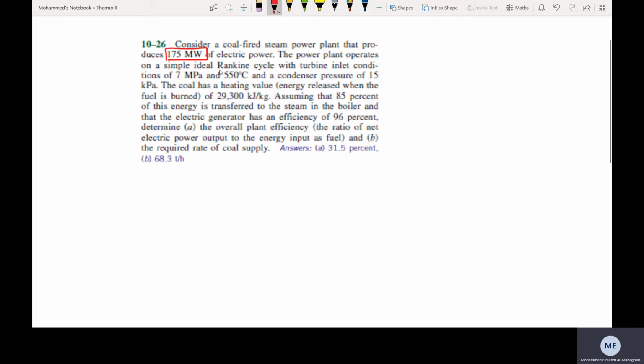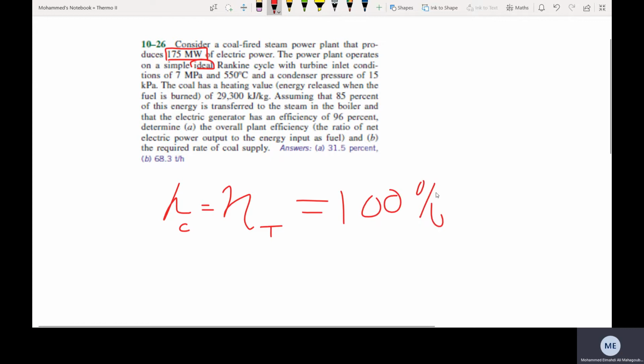The power plant operates on a simple ideal Rankine cycle. So it's an ideal Rankine cycle, meaning that the isentropic efficiency of the compressor equals the isentropic efficiency of the turbine, equal to 100%. Keep that in mind.